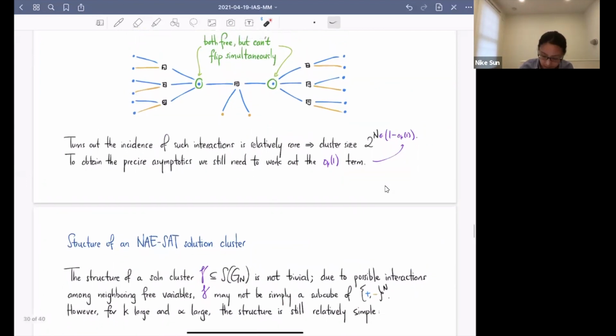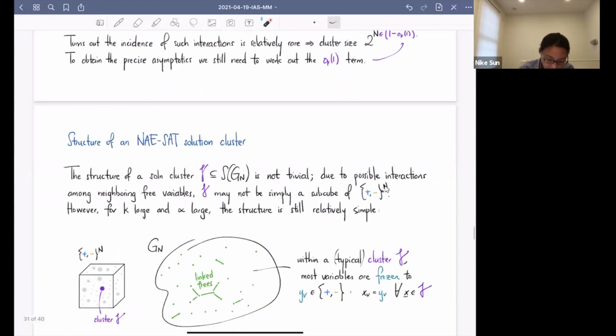So again, this is just repeating what I said before, that because you have these neighboring frees, it's not the case that a cluster is just like a subcube of the discrete cube. But the point is that it turns out that in the regime that we are studying it, the structure is still relatively simple. So we have a cartoon of a solution cluster, which looks like the following.